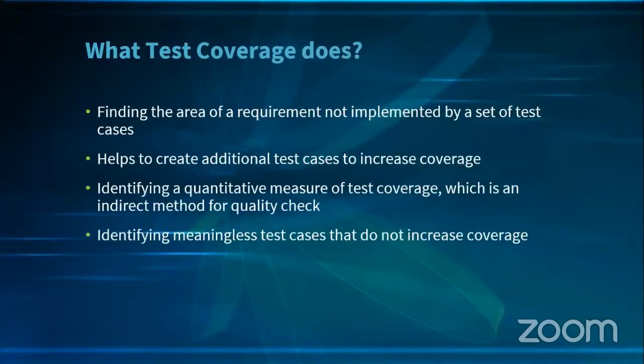What test coverage does. We were talking about estimation earlier. When estimating, we need to really think about coverage and how it helps. What test coverage does is find the areas of requirements not implemented by a set of tests.